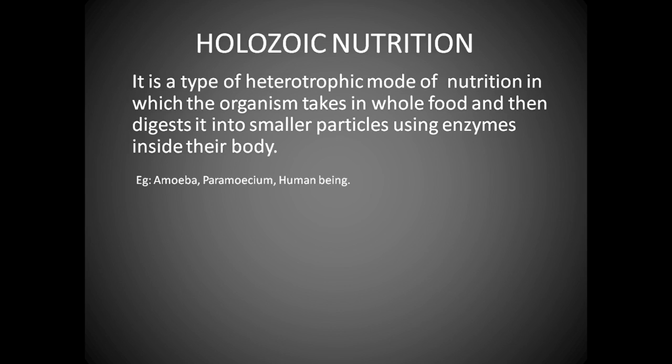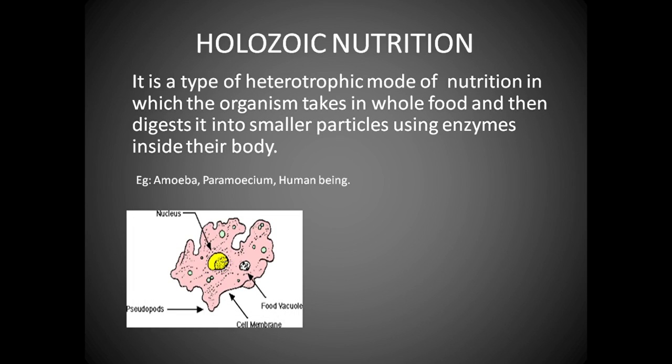Now, we'll see the examples for those. We will mainly discuss three organisms in this particular session, that is amoeba, paramecium and human being. So amoeba, it's a very familiar example for all of you. It is a unicellular organism and you know the speciality of amoeba is the presence of pseudopodia. Now we'll see how it is helpful in the case of nutrition in amoeba.